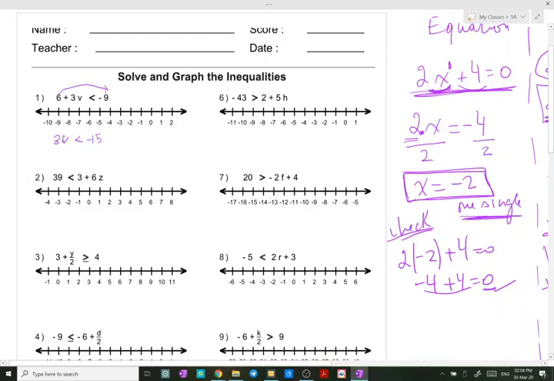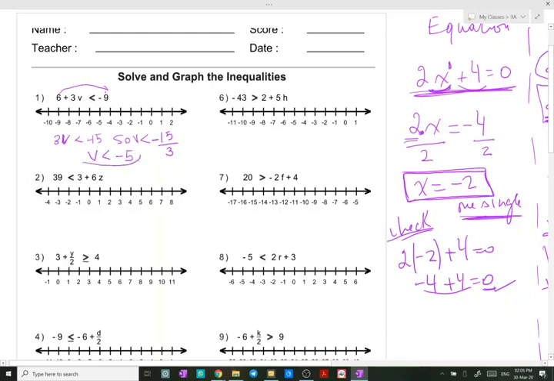So v is less than minus 15 over 3. Remember that when you are dividing, you don't change the sign of the number. So now minus 15 divided by 3 is minus 5. So v is less than minus 5.